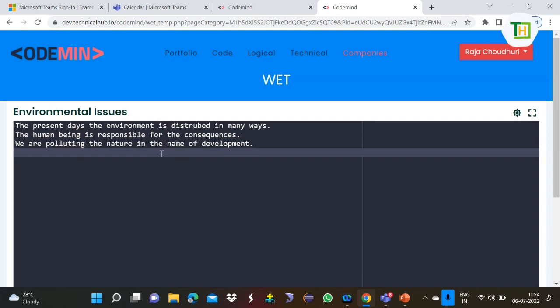So I'll just type one of the wrong words here. Technology, technology. That's it. I just typed a mistake, and you see the suggestion also would come. Technology is helping us to reduce.